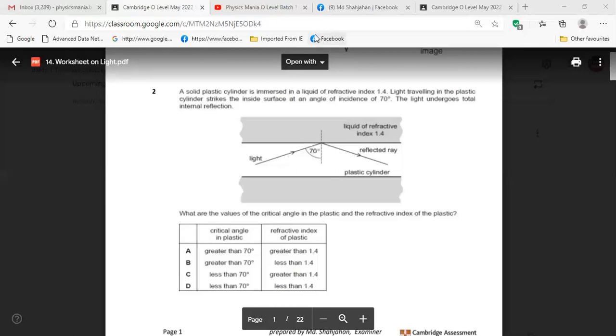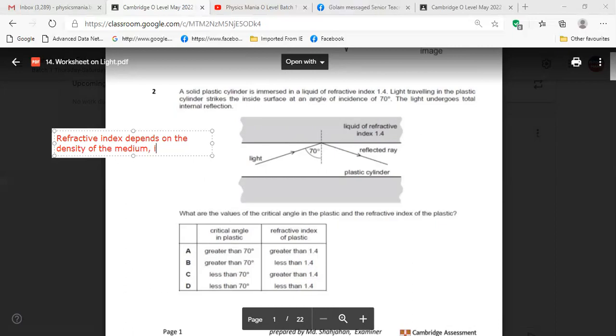Your first note is: refractive index depends on the density of the medium.